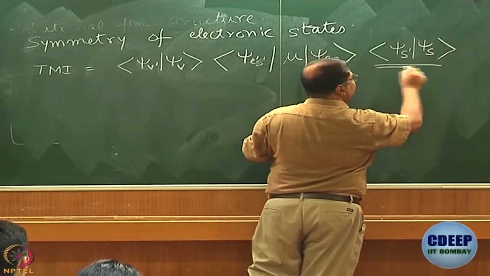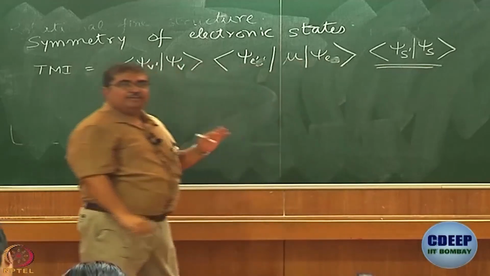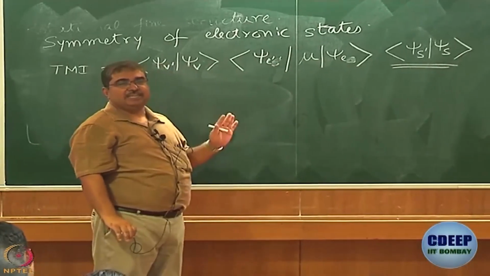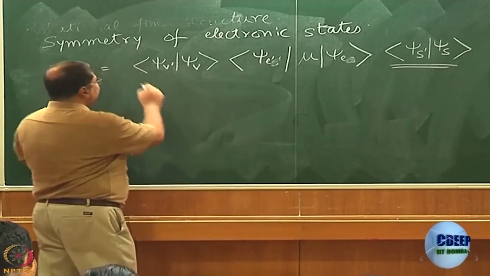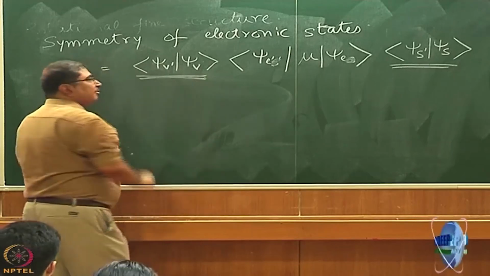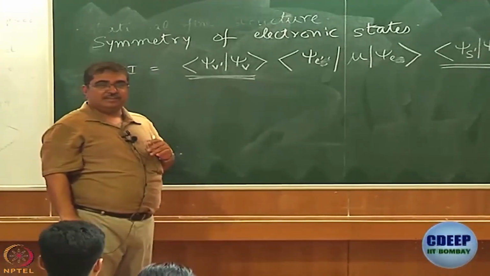We have already dealt with this last week and we have arrived at what is called the spin selection rule. We have dealt with this and we have got the Franck-Condon factor.